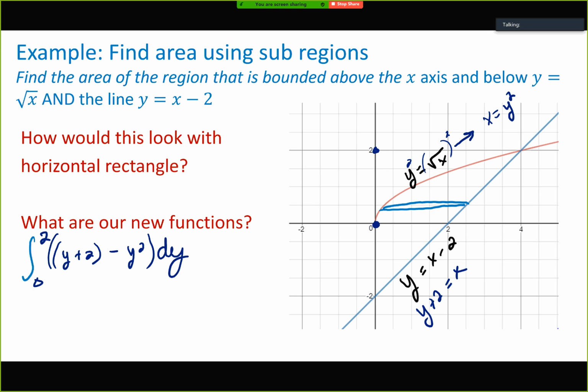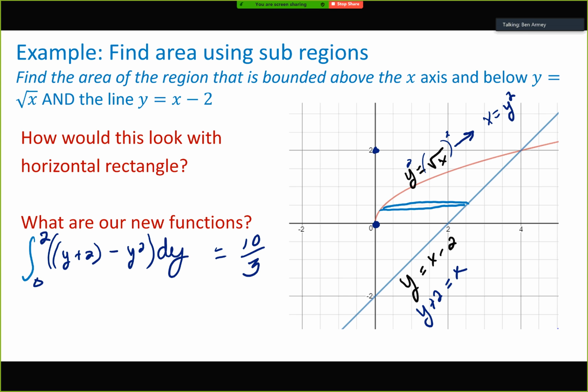So now we don't have to do anything with subregions because there's nothing in our way here. It's basically the right line subtract the left line, because it's taking the area going back horizontally towards the y-axis. Work all this out. You could put it in your calculator, but it ends up being 10/3. Same thing.